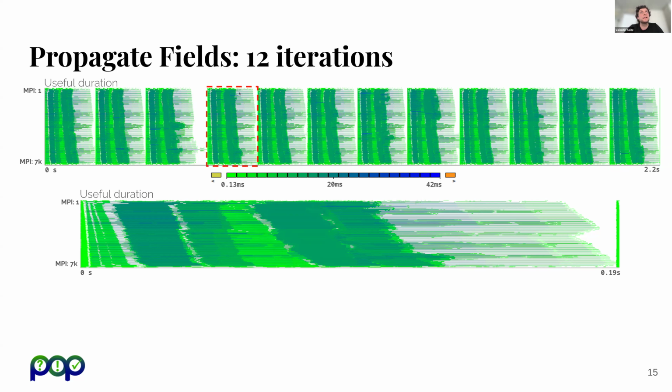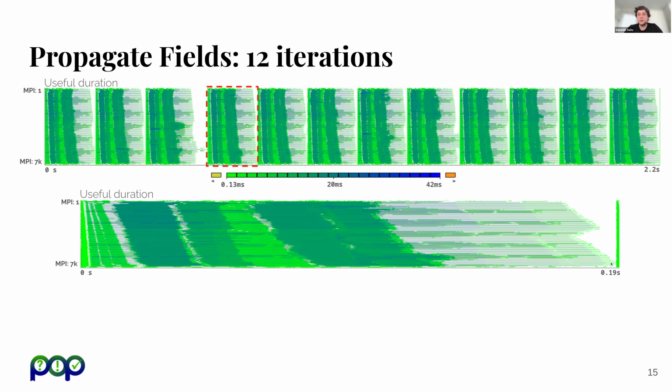First of all, we see some kind of combs. Okay, some weird thing where apparently there are some waves or something like this happening. And we see a similar thing if we just look at the one iteration. But then we can also see that here seems to be a collective, because all the threads wait and start again, or the processes wait and start again here at the end of one iteration.